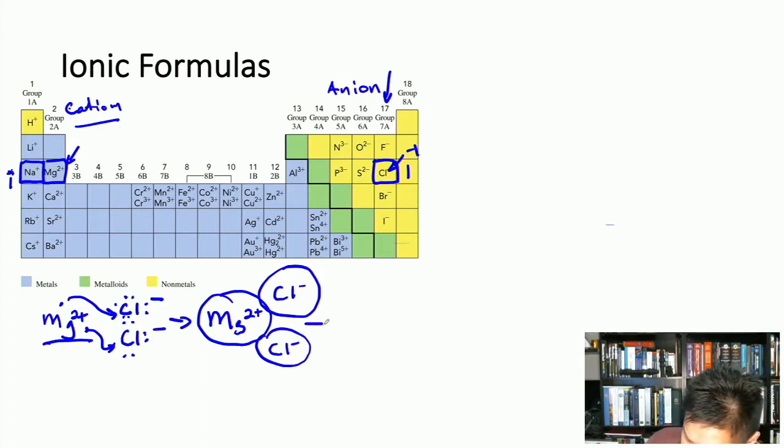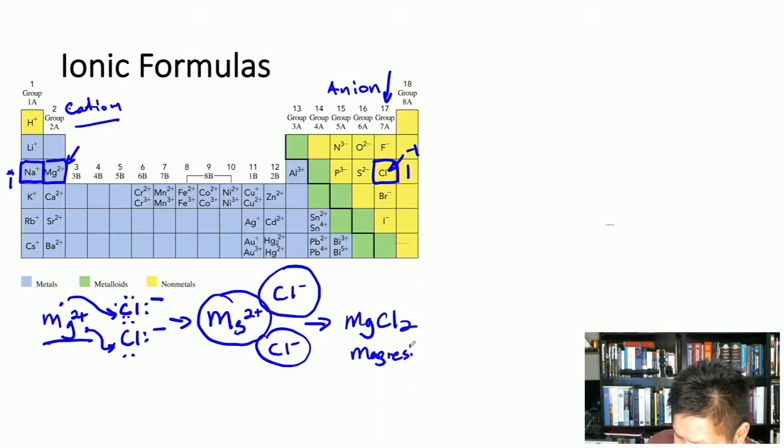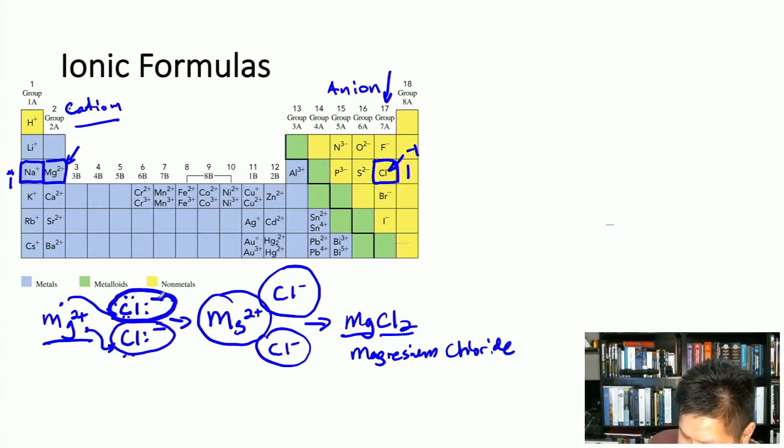And so that means this compound is called magnesium chloride. And notice that when I write the formula, I have one magnesium for every two chlorines because I needed two negative charges from the two chlorides to balance out the 2+ for magnesium.